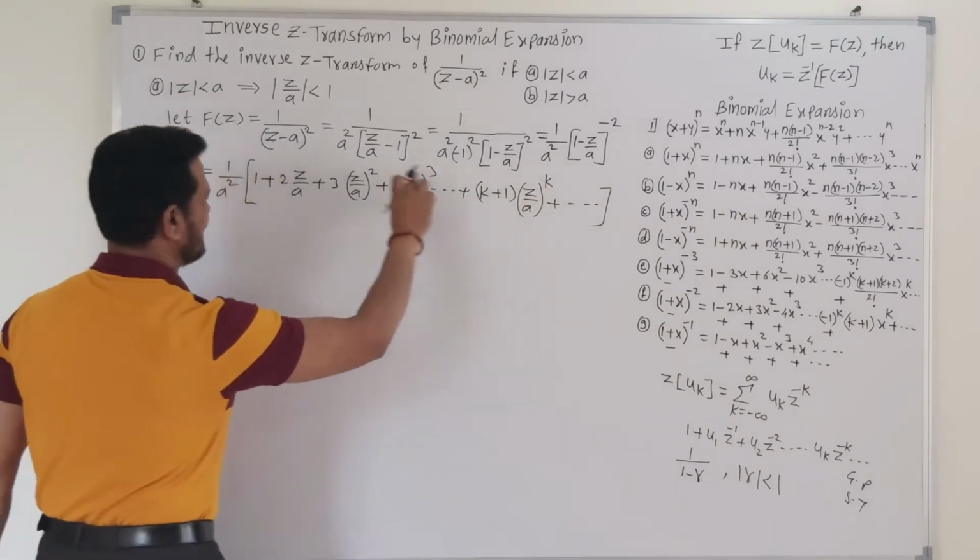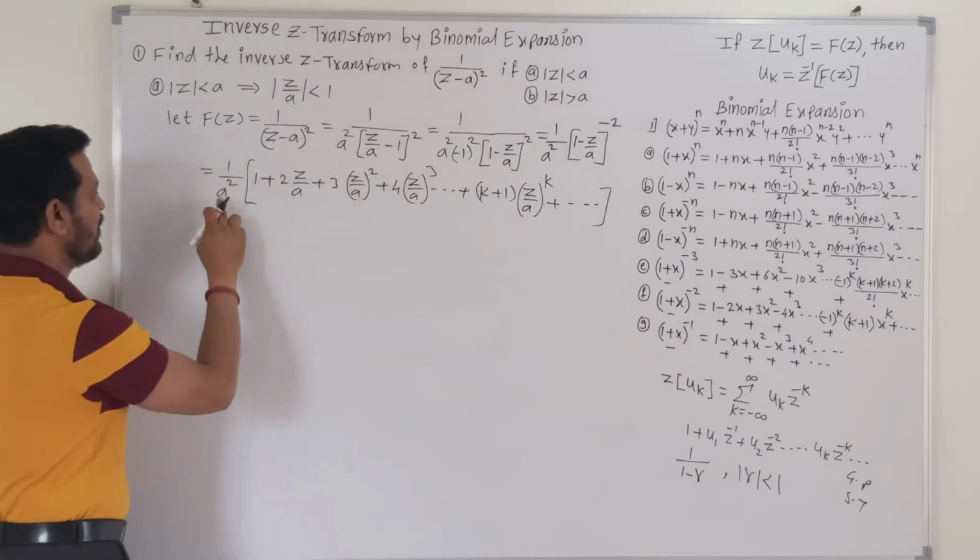Now friends, after expanding this term, outside the bracket we get the term 1 upon a square.